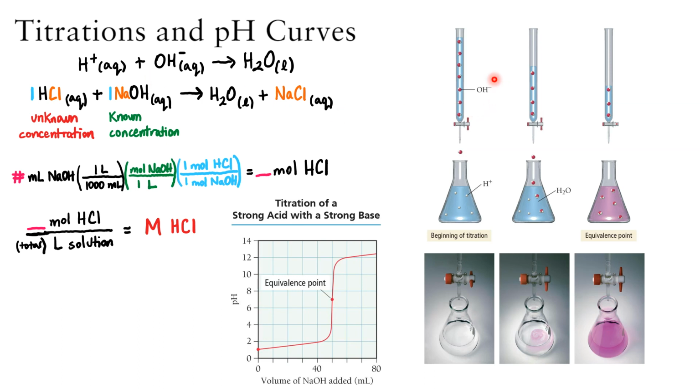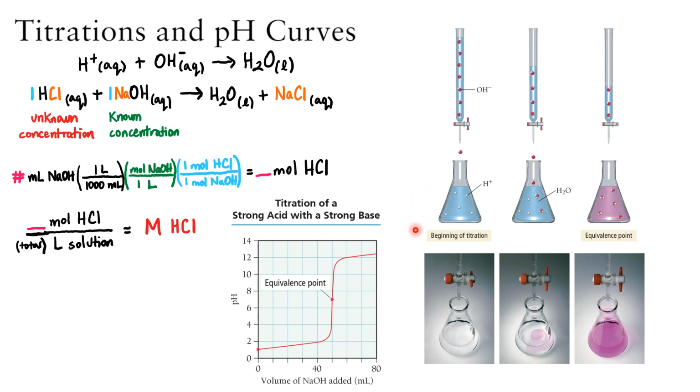So if I know how much base I needed to add to neutralize all of the acid in my unknown concentration, well, that's great, because now I know there's a 1-to-1 relationship between the two, right? So I can actually solve for the concentration of my unknown acid by knowing how much base I added to neutralize all of it.